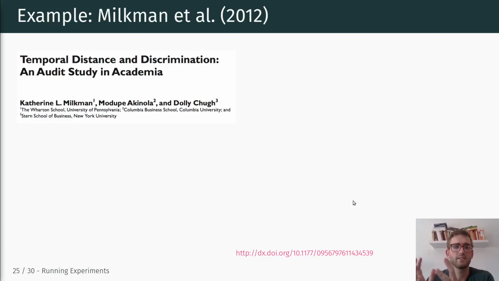The idea behind audit studies is that you send, like the job interview example that we talked about, requests to multiple people, randomly manipulating the characteristics of the sender. So different job applicants with different ethnic backgrounds, for example. And then the outcome is whether you receive a response or whether you get an interview and things like that.